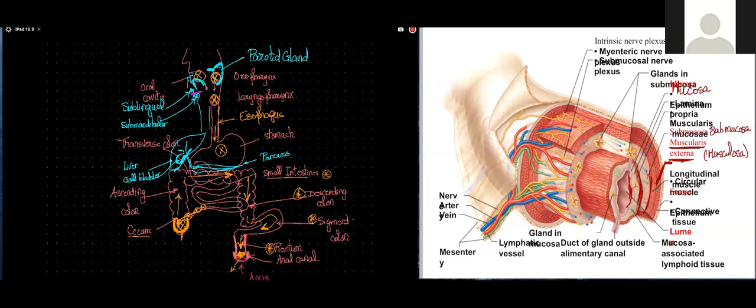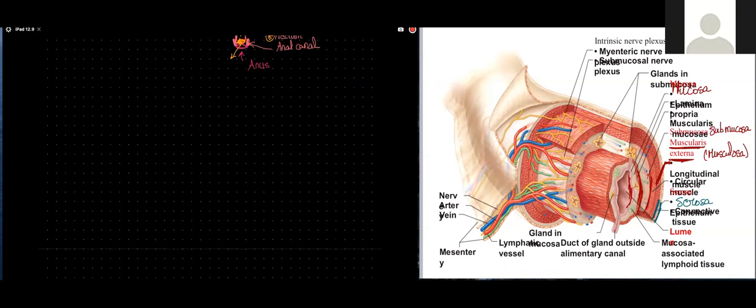The outer layer that I have covering the musculosa from outside, this is my serosa. So again, 4 layers forming the wall of the gastrointestinal tract.